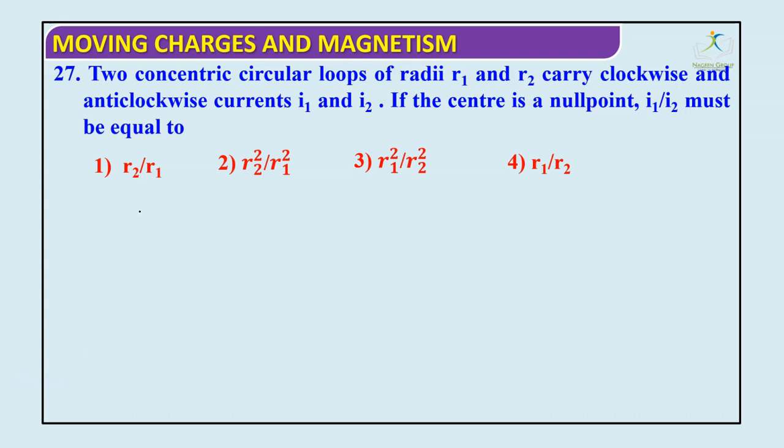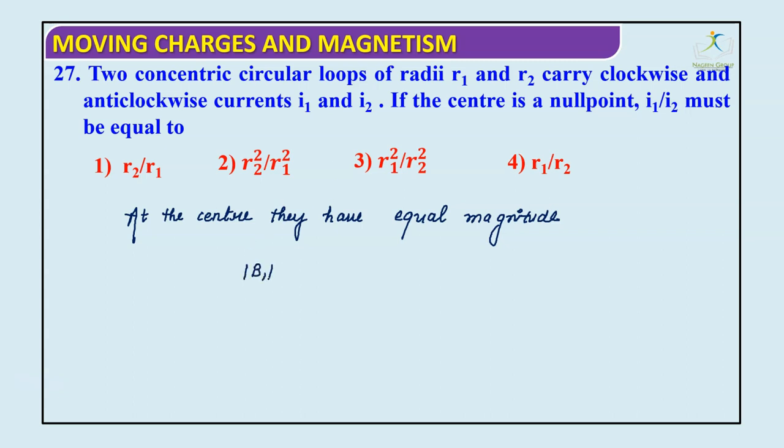So for the solution, students, we know at the center they have equal magnitude, and the magnetic field directions are opposite, as we can see over there, because of the direction of the current.